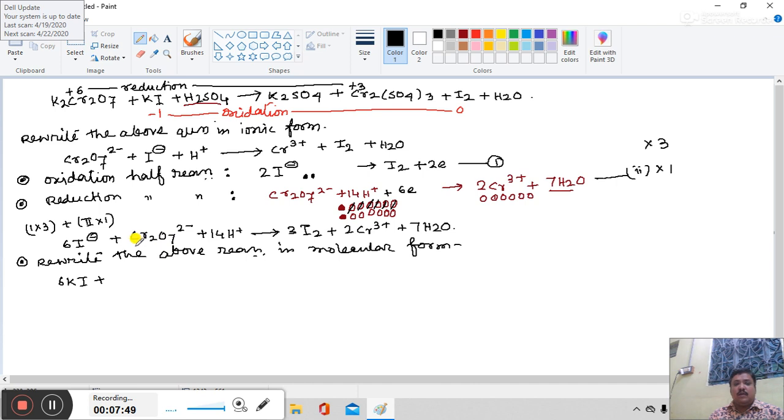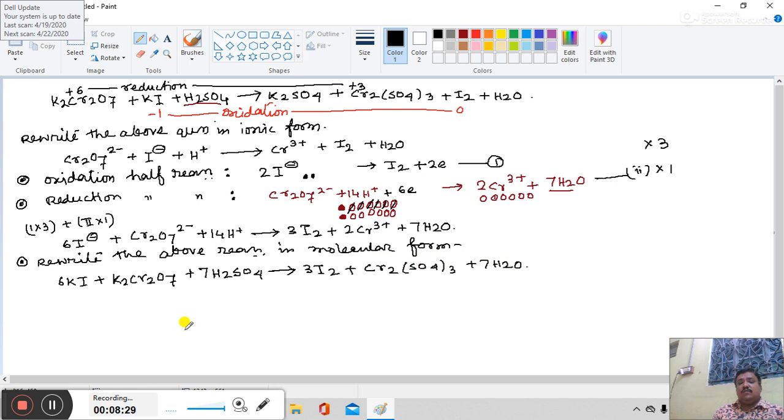One potassium dichromate molecule forms one dichromate anion, so this one dichromate anion comes from one molecule of potassium dichromate. And 14H+ comes from 7H2SO4, because H2SO4 is a dibasic acid. Arrow 3I2 plus the 2 chromic ions, which come from 1 molecule of chromic sulfate, plus 7H2O.